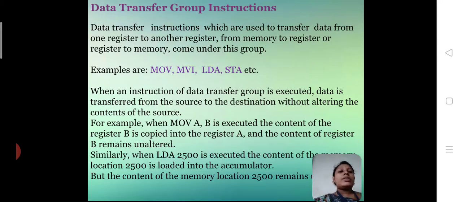So it remains unchanged. This is about data transfer group instructions. The data is moved from a source to a destination. Here MOV A, B is an example, where B is the source and A is the destination.